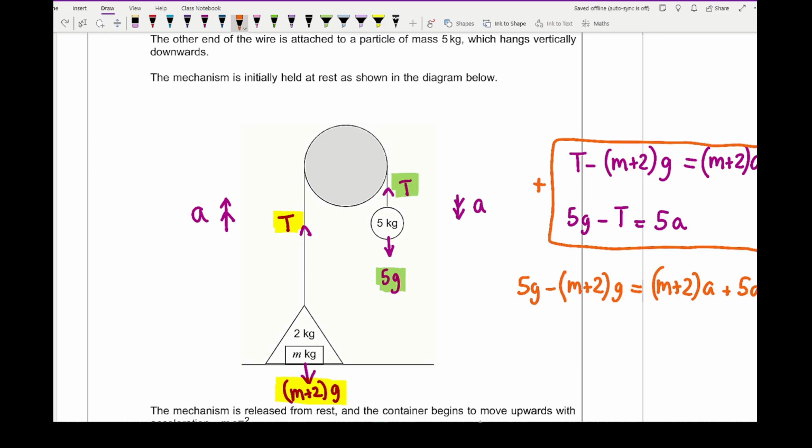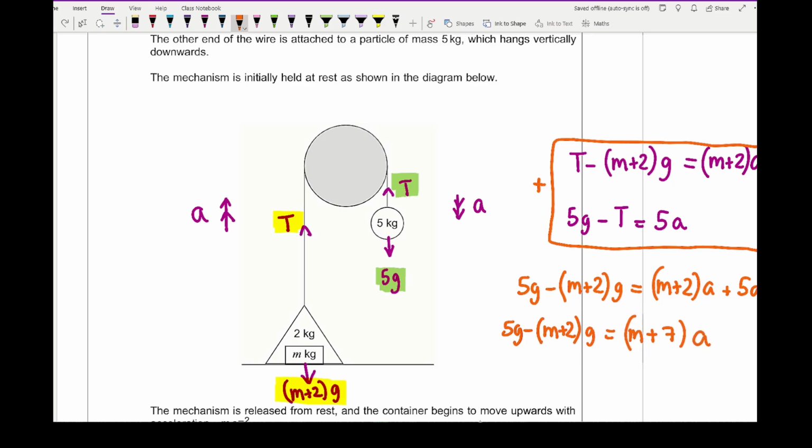And then it's a case of tidying things together. So if we have 5g minus (m plus 2)g is equal to (m plus 7) lots of a.